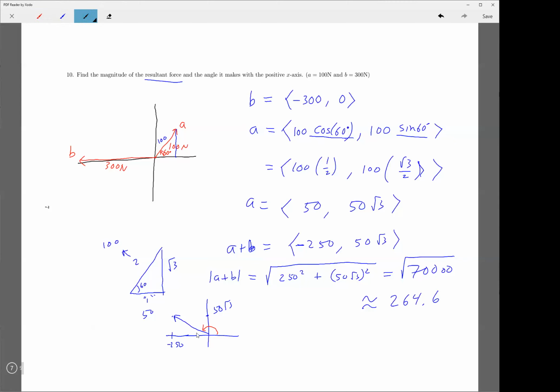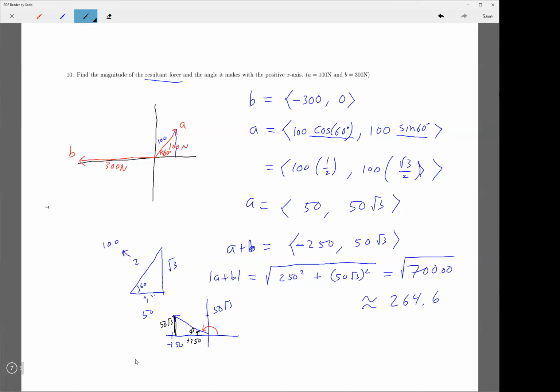We can get this reference angle using 250 and 50√3.